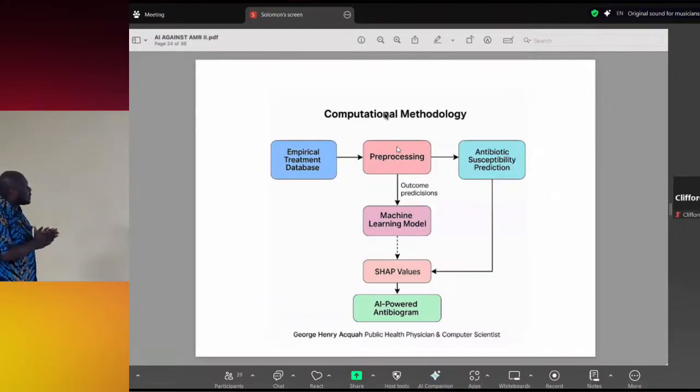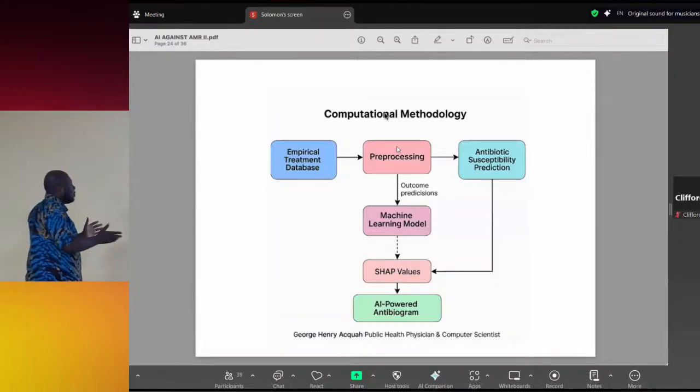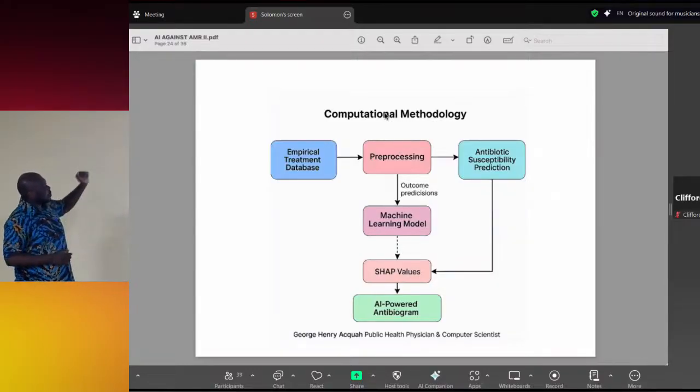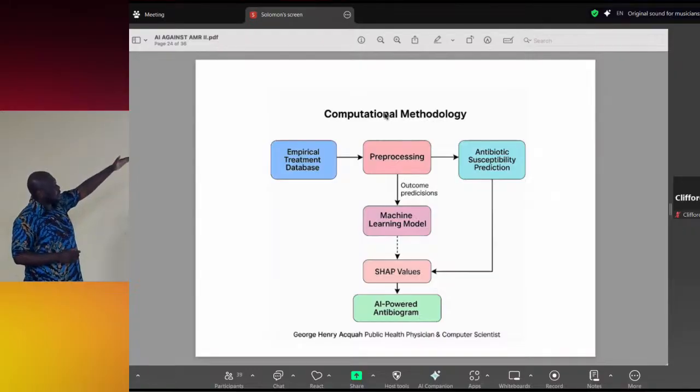So it sort of does a confidence scoring for the model to be applied in real world. And then the pre-processed data model also is able to predict the antibiotic susceptibility, which is looped to the SHAP values to further refine the confidence.